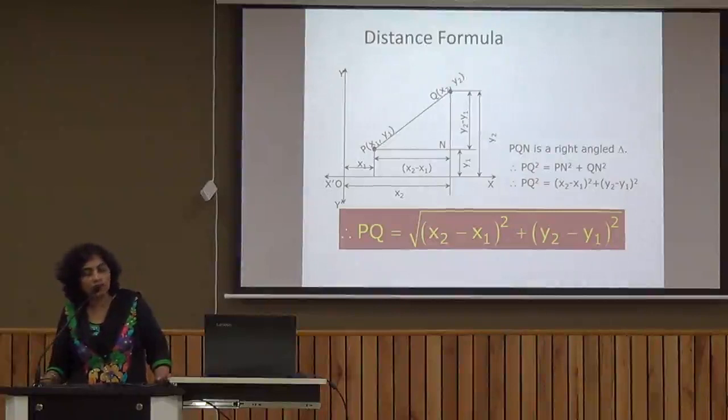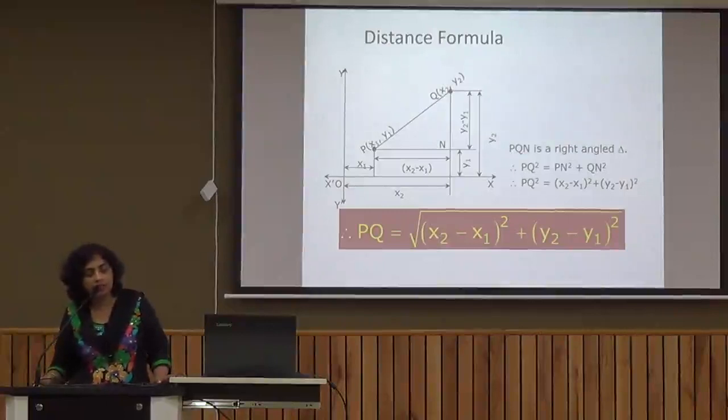PN is the horizontal distance x2 minus x1 and QN is the vertical distance y2 minus y1, as you can see. So PQ square will be (x2 minus x1) square plus (y2 minus y1) square, and PQ is equal to under root of (x2 minus x1) square plus (y2 minus y1) square, which is our distance formula.